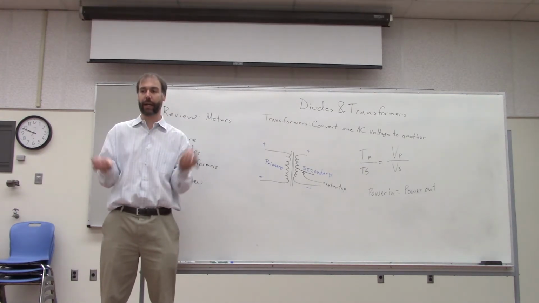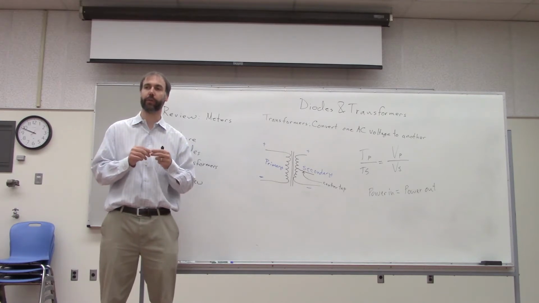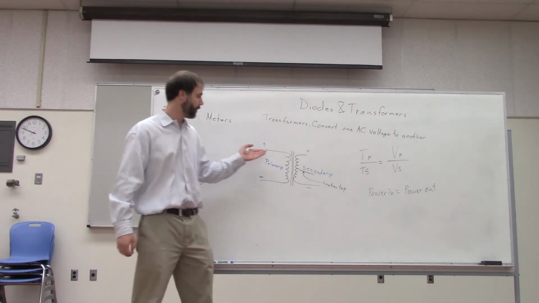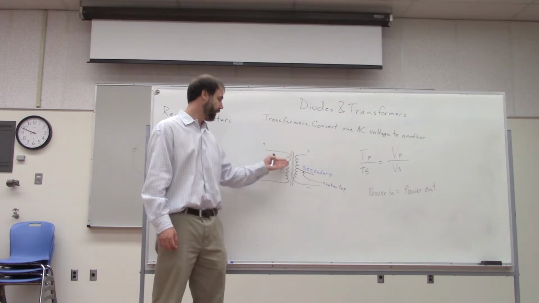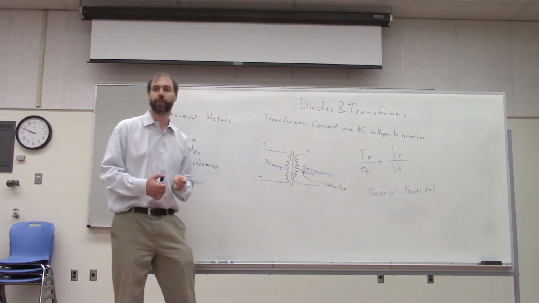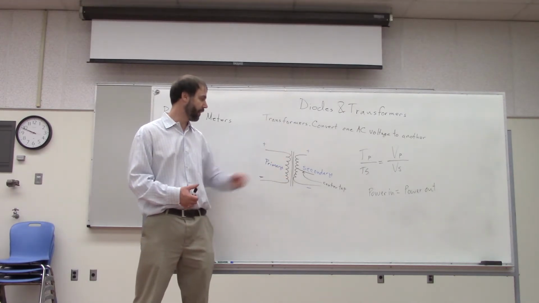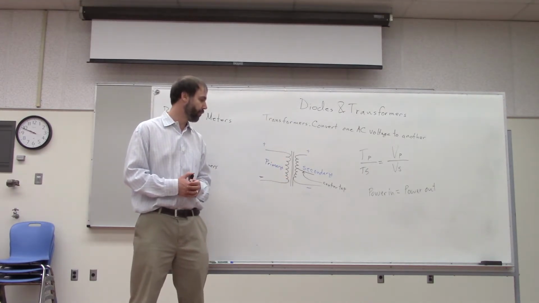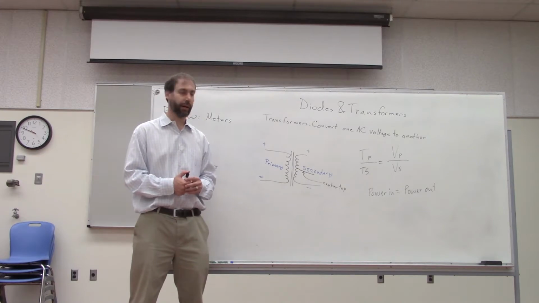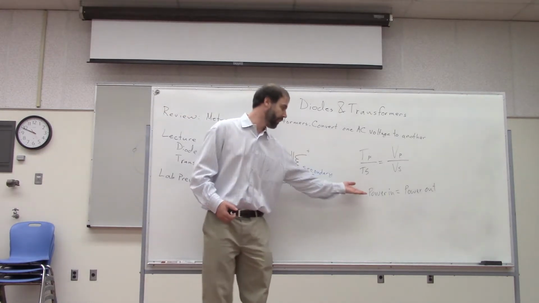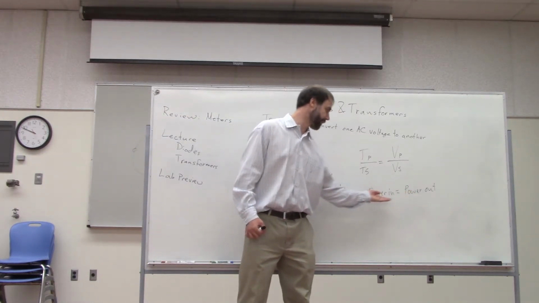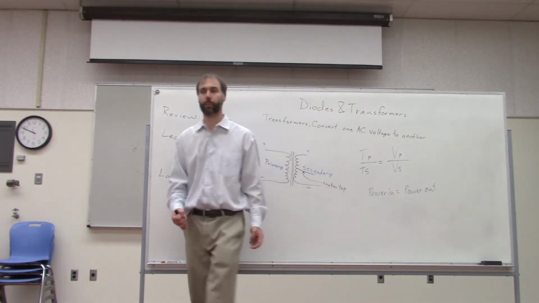And that iron acts to channel the magnetic field. So it can help to concentrate it so that it's going from one coil to the next. So if you have an iron core like that, your transformer is more efficient. And it holds more closely to this power in equals power out ratio.